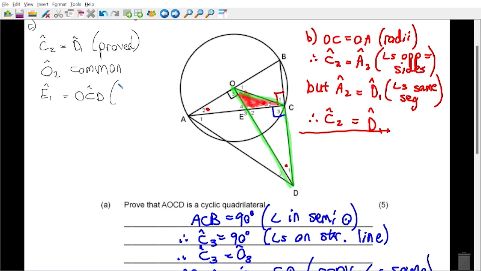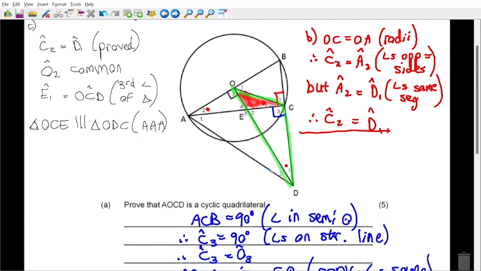All right, and that's just third angle of triangle. So what I've got is three angles equal. So therefore triangle OCE is similar to triangle ODC. And the reason for that is angle, angle, angle.